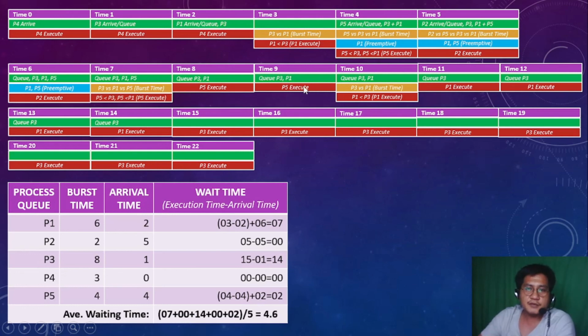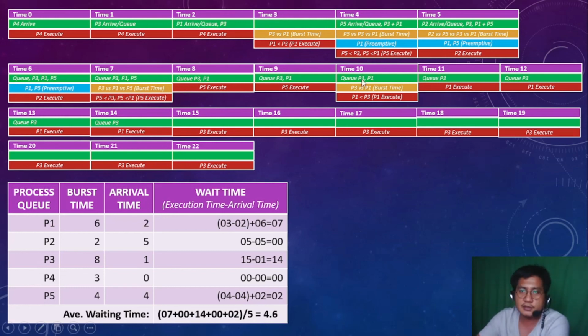Now, since P5 has finished its execution at around time 9, on the next time slice of time 10, since we have queued P3 and P1, the central processing unit will now compare the burst time of P3 and P1. Since P3 has still 8 and P1 has 5 burst time, P1 will win the competition to get the attention of the central processing unit.